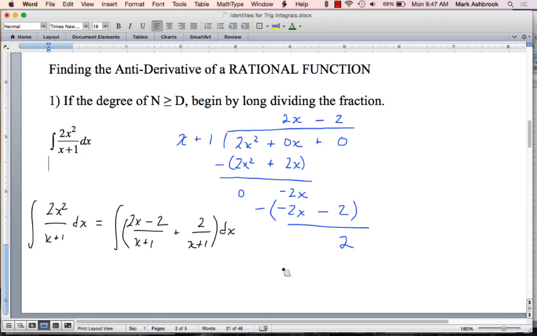And then just a quick check, we can see that, is that right? What am I doing wrong here? Something's not right.